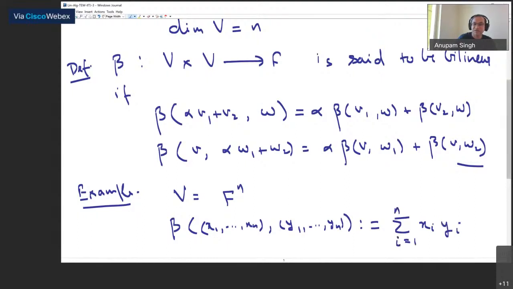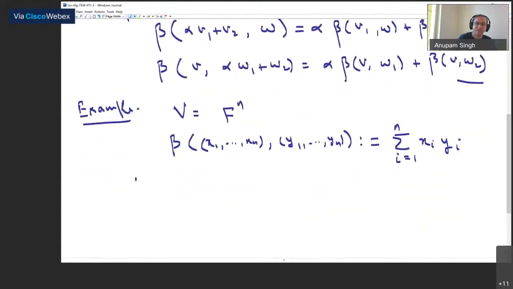Then we can check that beta is bilinear.